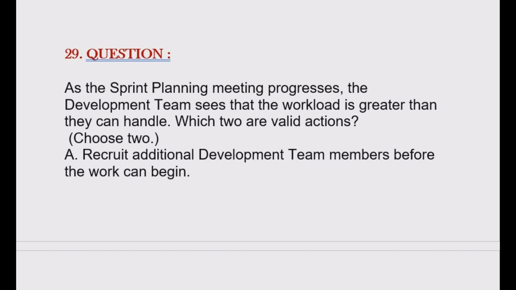Question is, as the sprint planning meeting progresses, the development team sees that the workload is greater than they can handle. Which two are valid actions? Choose two options. Option A, recruit additional development team members before the work can begin.